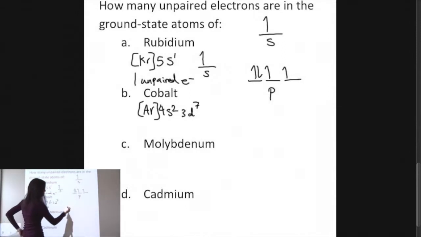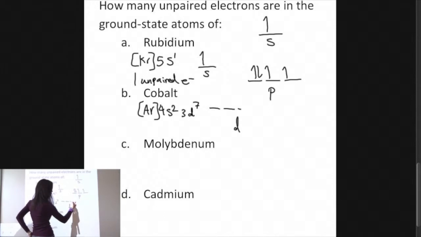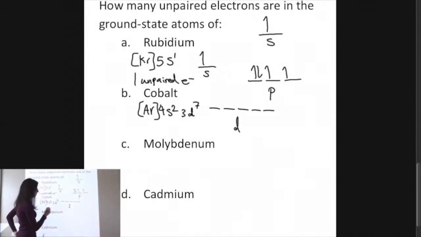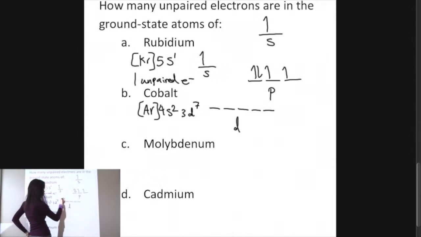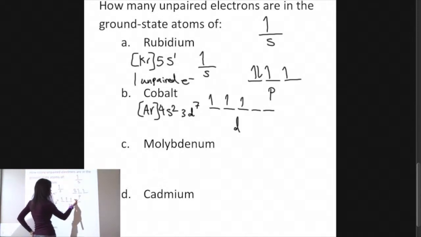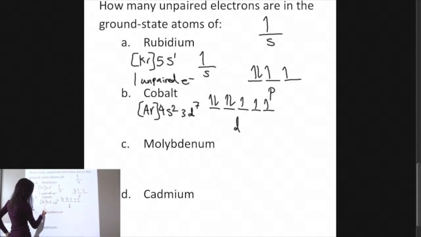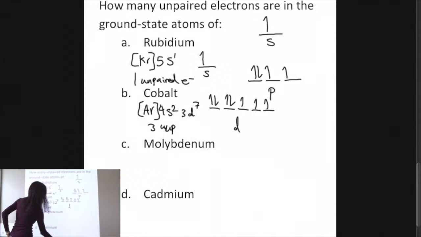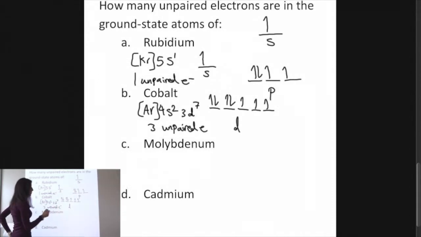So here, remember for d, we have 5 orbitals, and we have 7 electrons, so let's go ahead and fill these. 1, 2, 3, 4, 5, 6, 7. So that gives us 3 unpaired electrons.